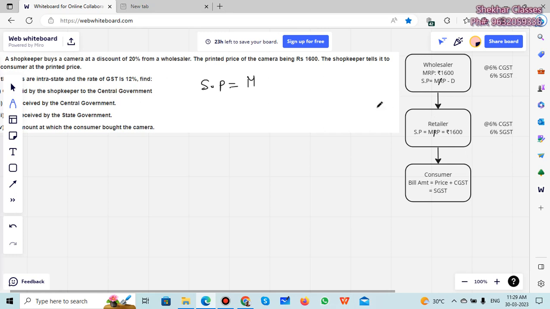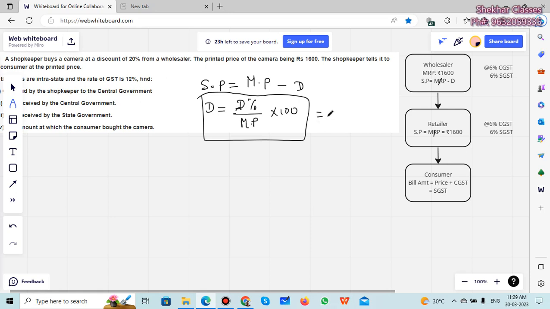Okay, marked price minus discount. So first we find the discount in rupees. So discount here will be how much? Discount is discount percent upon mark price. You can note it down as a formula, but you should remember it. All simple one.